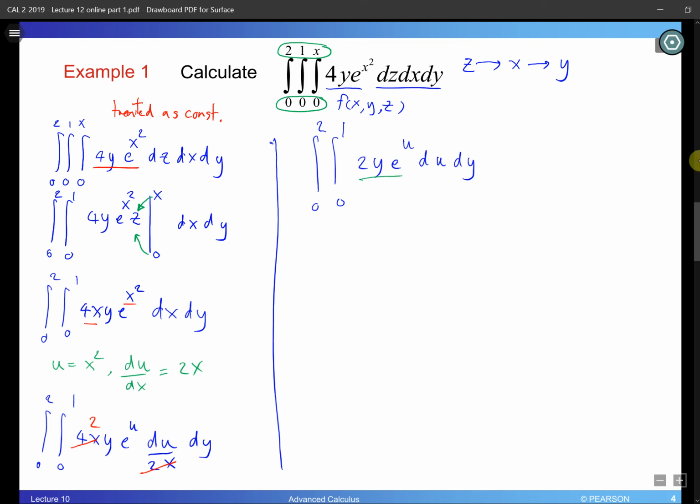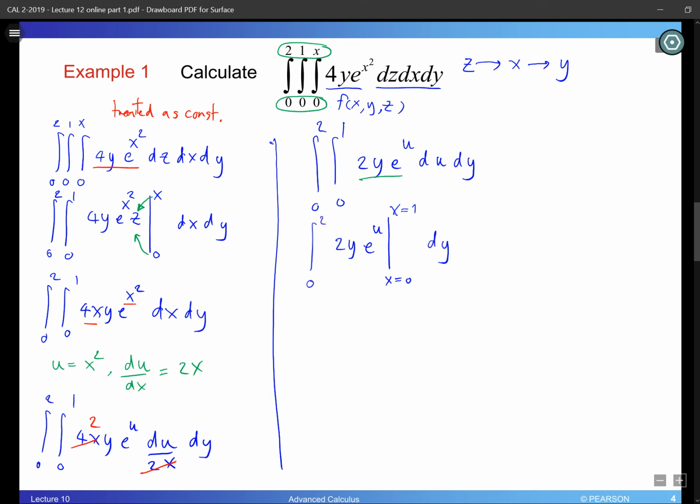So you are going to get 2y e to the power of u, and we need to evaluate this at x equal to 0 and x equal to 1. Right, and then we have to integrate this one more time with respect to y, 0 to 2 with respect to y.